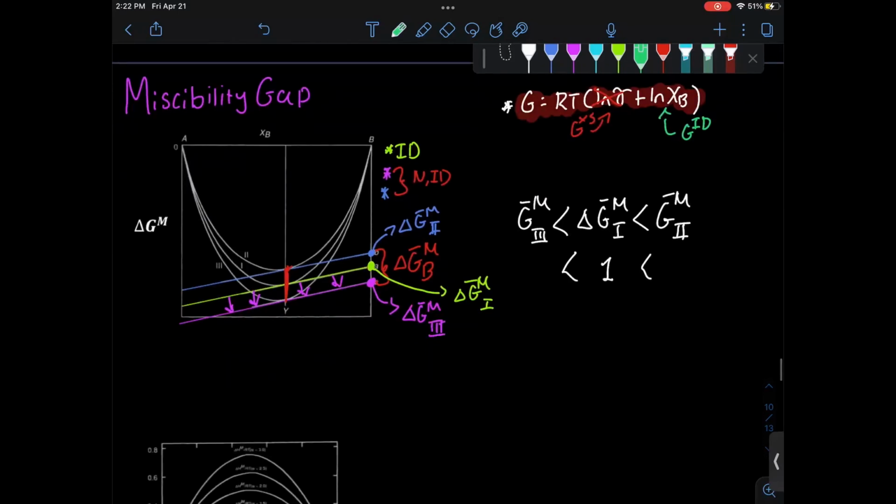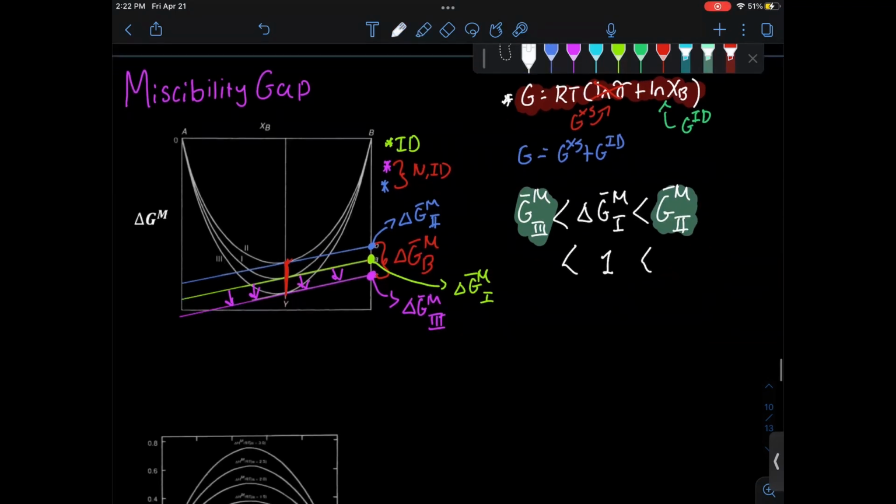All three of these partial molar Gibbs free energies are going to have the same ideal term. This is because each of these is going to have the excess term plus the same ideal term. The difference now is our non-ideal mixtures have a different excess term.